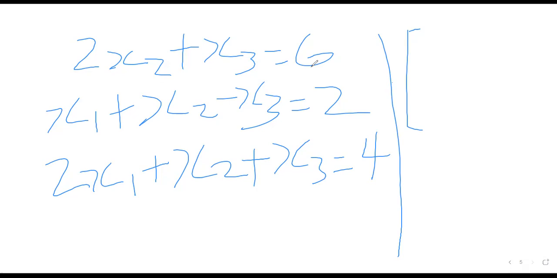Okay, then it's going to be x1 plus 2x2. After that, you augment it by 1, 2, 1. And the second equation will be 1, 1, 1. And the third one will be 2, 1, 1. It's all into brackets, and then x1, x2, and x3 into brackets. And the last one will be 6, 2, 4.